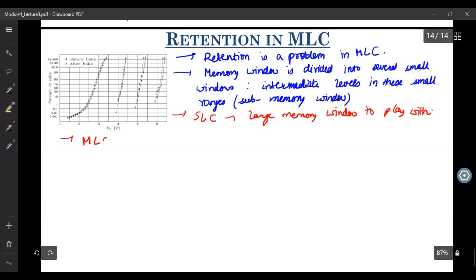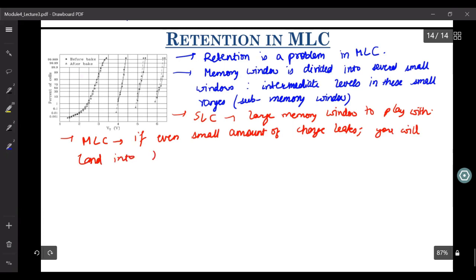But in MLC, if even a small amount of charge leaks, we will land into the neighboring intermediate level. And the moment even one level is corrupted, your entire n-bit thing becomes n-1 bit. So that is a big problem with MLC.